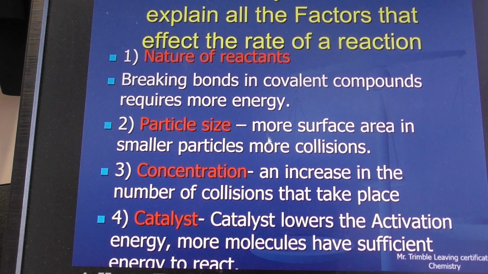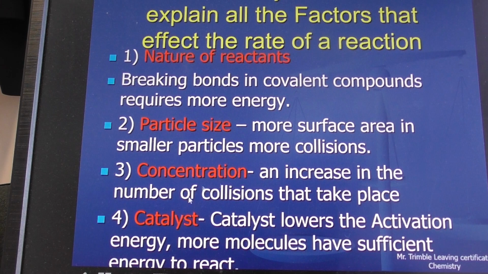Particle size: if there's more surface exposed, then there can be more collisions. The concentration: if there's more of the molecules there to collide with each other, then more collisions will take place. And finally, the catalyst will alter the path of the reaction, and that path will have a lower activation energy.